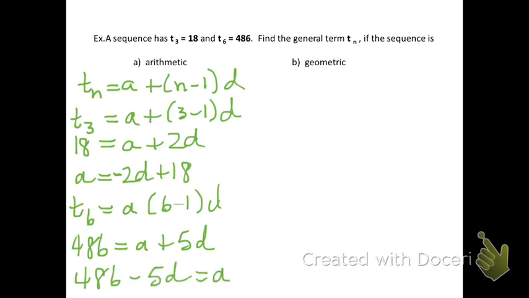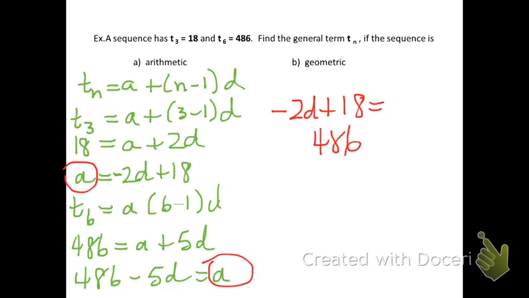And then hopefully you see where I'm going with this. The next thing I'm going to do is, since this is equal to a and this is equal to a, set each of these equal to each other and solve. So I have negative 2d plus 18, and I'm going to set that equal to 486 minus 5d.